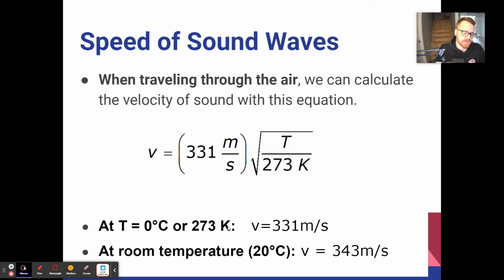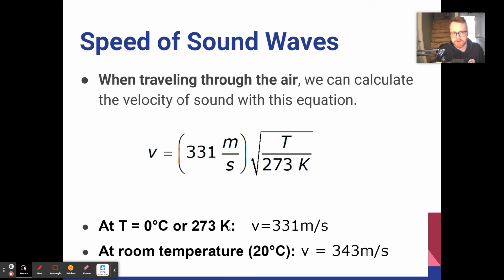Now, that's frequency in sound waves. Then there's also speed of sound. Speed of sound is altered by how hot or how cold it is, really how much energy is within the air. So we can calculate that using this equation here by saying that at 0 degrees Celsius, or at 273 Kelvin, air is going to move roughly about 331 meters per second.